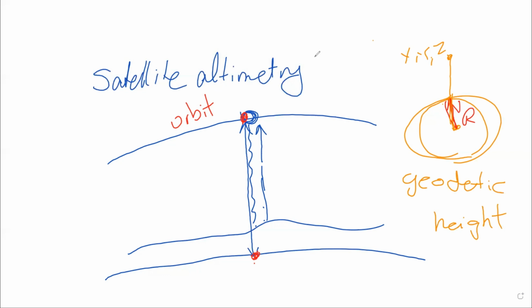Based on the geometry of the ellipsoid, subtracting it from the distance of the satellite from the Earth center, we can determine the geodetic height. That's known. That's the first assumption.